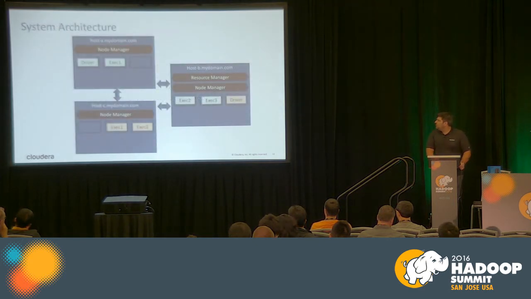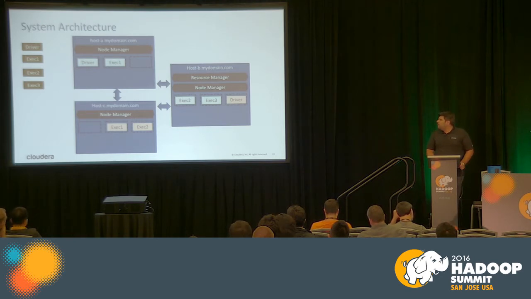Cool. Let's go back to our example. What happens here when another job comes and says, hey, I actually want to run on this cluster? It's requesting 3 executors, but there's only availability for 2.